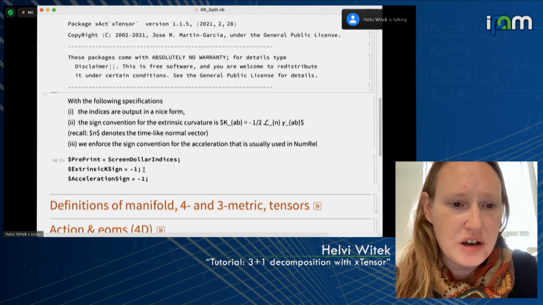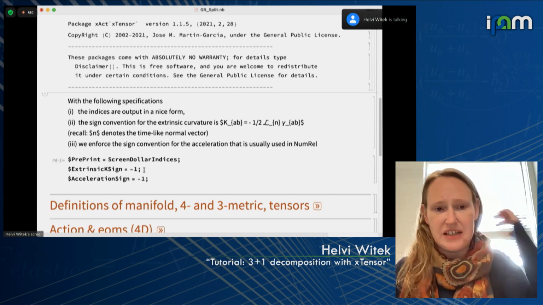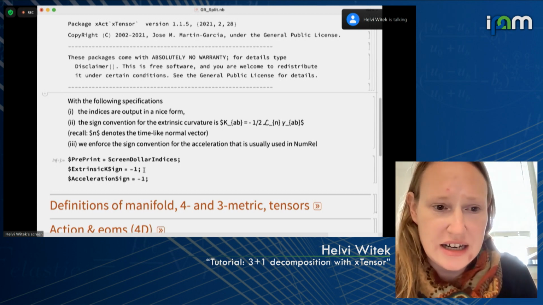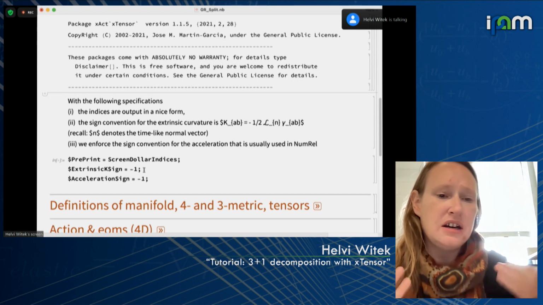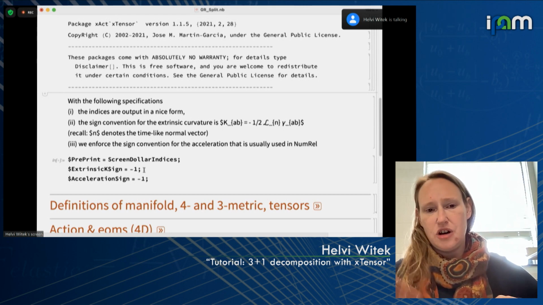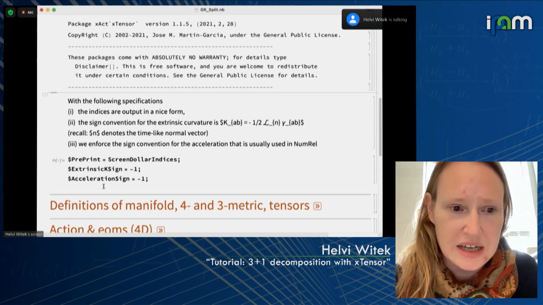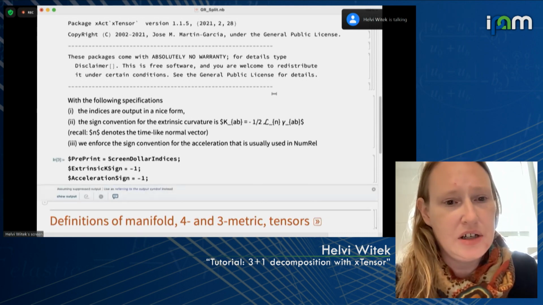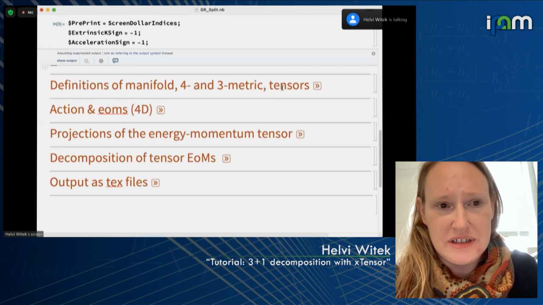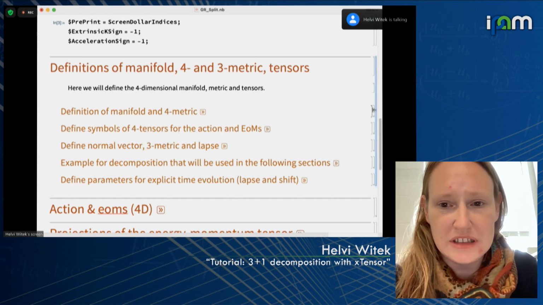Then my extrinsic curvature will have the sign -1. Remember, on Tuesday we said this sign of the extrinsic curvature is a matter of definition. So I will choose -1 such that our normal vector is future directed, and likewise the acceleration will have a sign -1 as well. Good. So with all of that set up, we can actually start and define our manifolds and metrics.